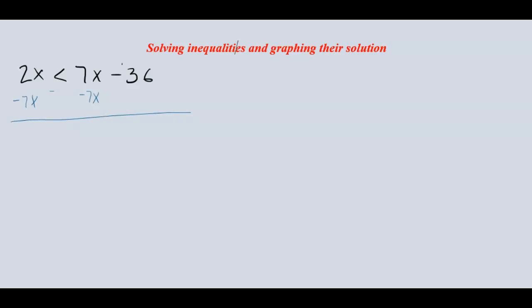2x minus 7x is equal to negative 5x, less than, so that is gone, 7x minus 7x is 0, negative 36.